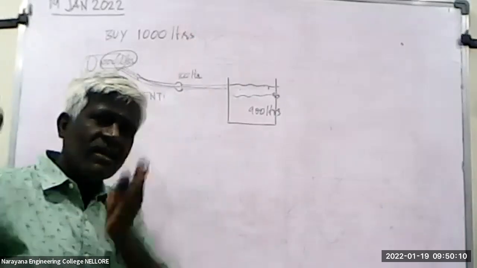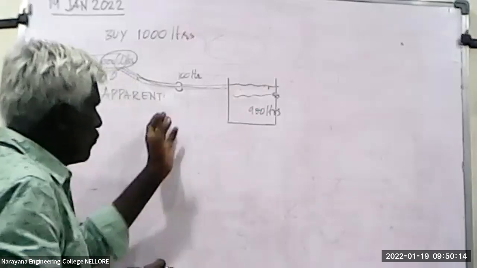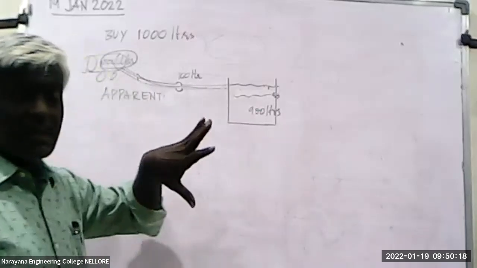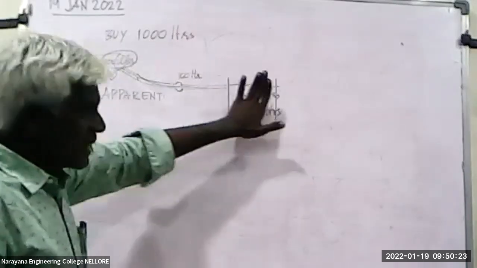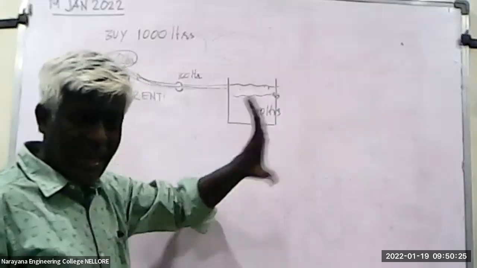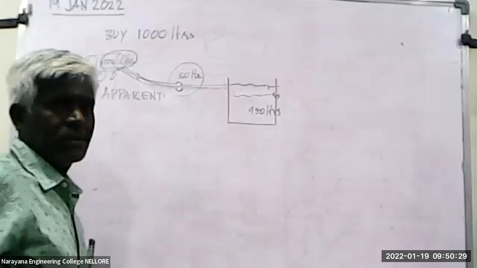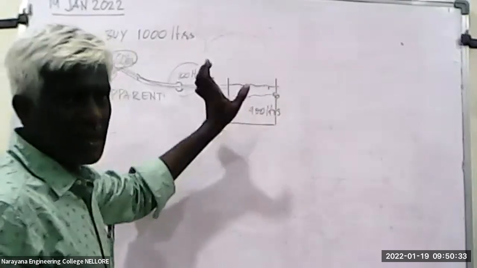You bought the lorry with 1000 liters of water, but when you fill your tank, you got only 900 liters. So the apparent power was 1000 liters, but real power is only 900 liters. The rest was stored, it is not used. You cannot use this one.